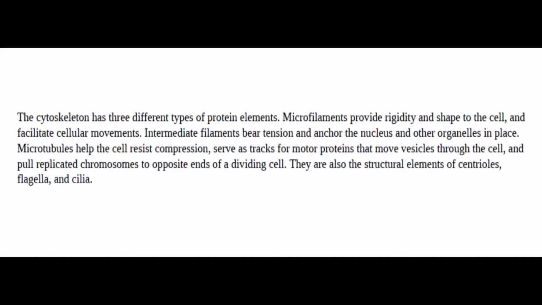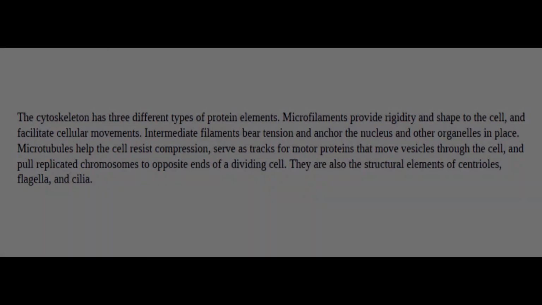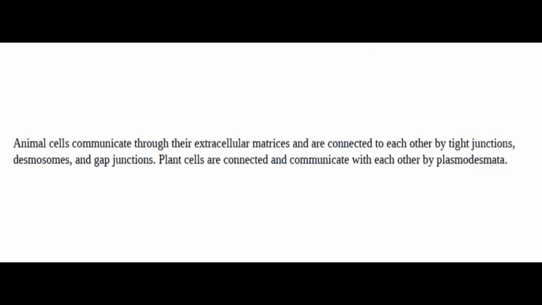They are also the structural elements of centrioles, flagella, and cilia. Animal cells communicate through their extracellular matrices and are connected to each other by tight junctions, desmosomes, and gap junctions. Plant cells are connected and communicate with each other by plasmodesmata.